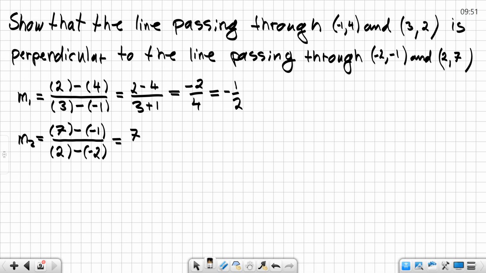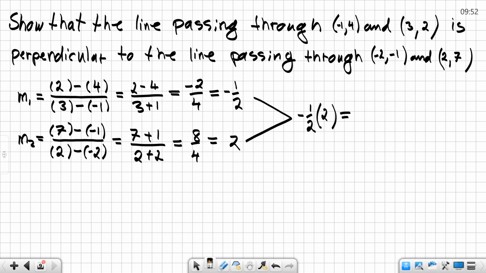Opening up the parentheses, 7 plus 1, double negative makes plus, 2 plus 2, and I get 8 over 4, which is equal to 2. -1/2 multiplied by 2 is in fact -1, and that means they are perpendicular.